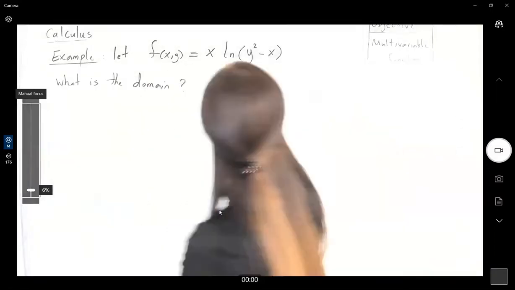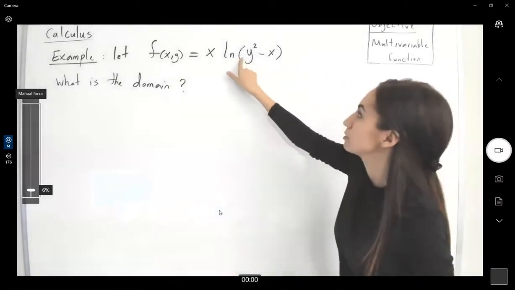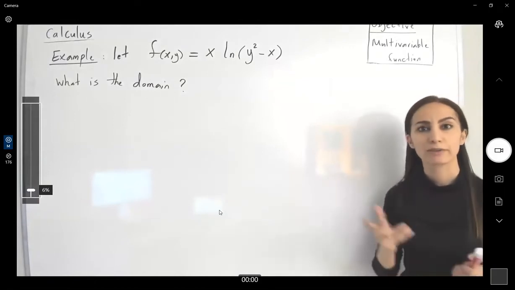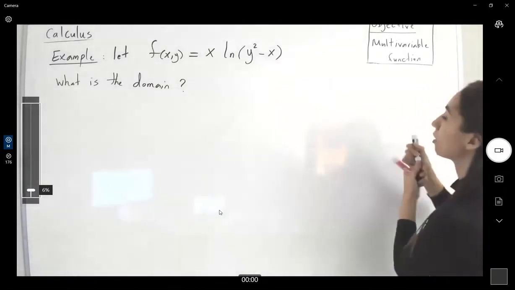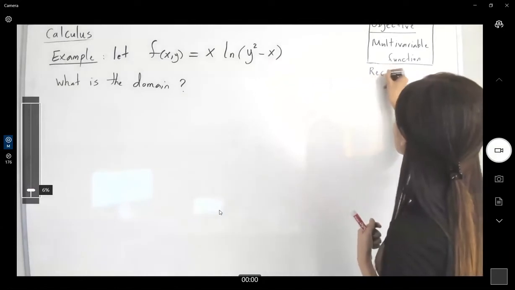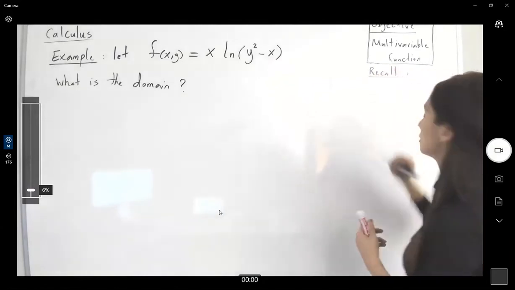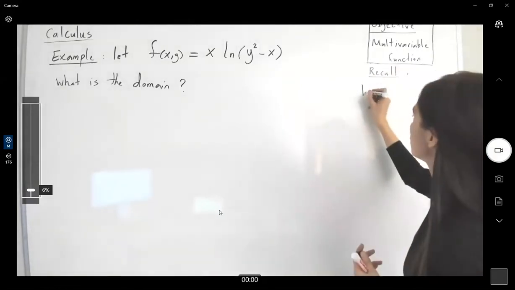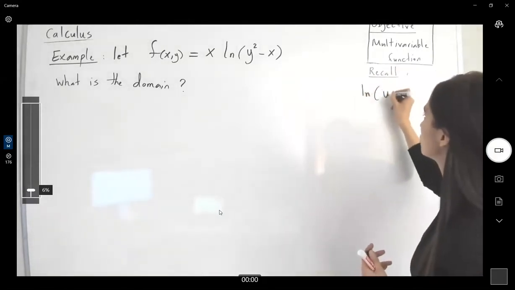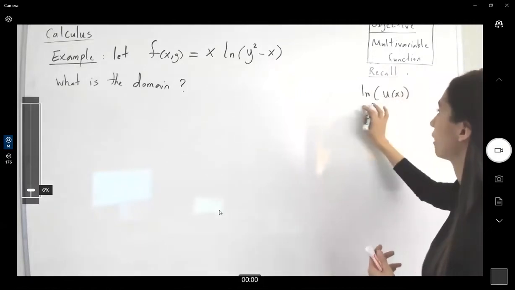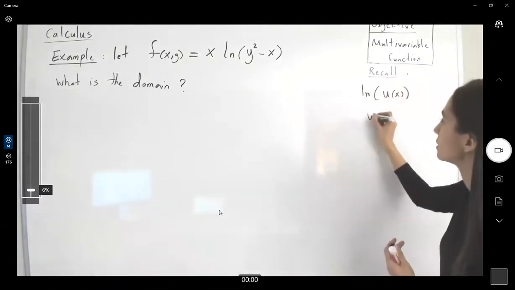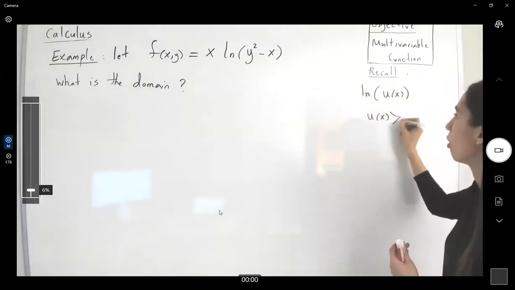So again, we are getting back to what we learned in algebra, elementary calculus, pre-calculus. Recall, when we have a log function, natural log, then you have ln of u of x. If you have ln of a quantity, this quantity must be positive.